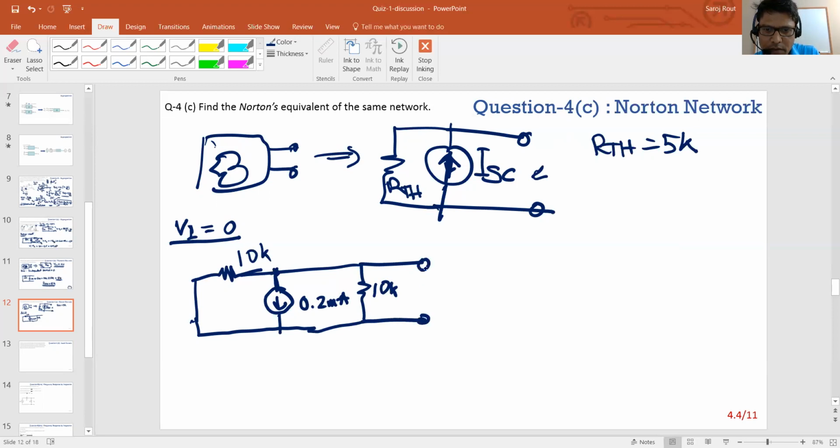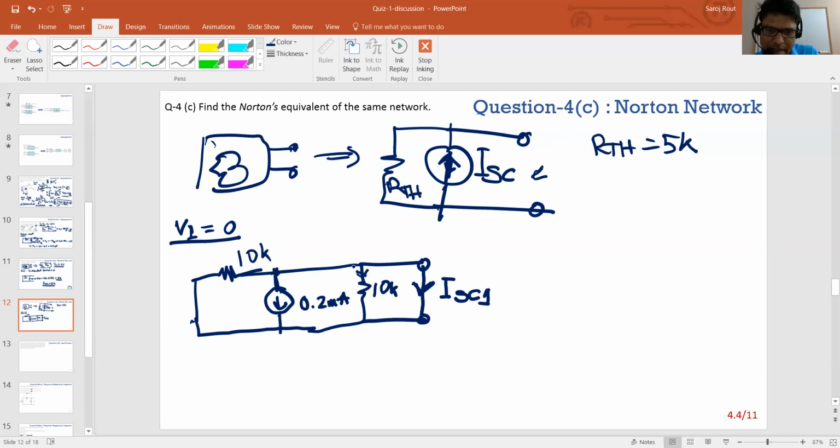Now, you want to short these two nodes here, and let's choose a direction for the current we want to find. Let's first find the first short circuit current, ISC1, right? What I saw some people get wrong is that they calculated this current to be 0.1 milliamps, but there cannot be any current flowing through this if this is a short circuit, right?